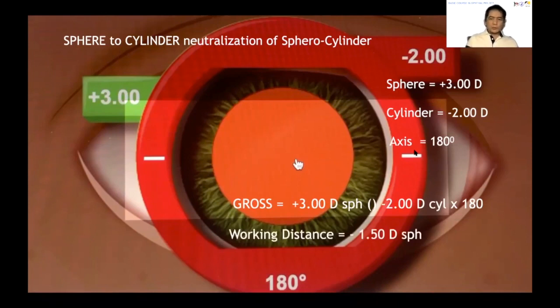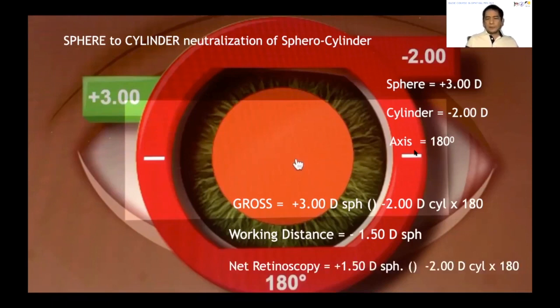You subtract your working distance. By the way, in a spherocylindrical component, the working distance is only being subtracted at the spherical component. You do not touch the cylindrical powers. Okay, so plus 3 diopter sphere, you subtract your working distance of minus 150. That is actually add algebraically to be specific.